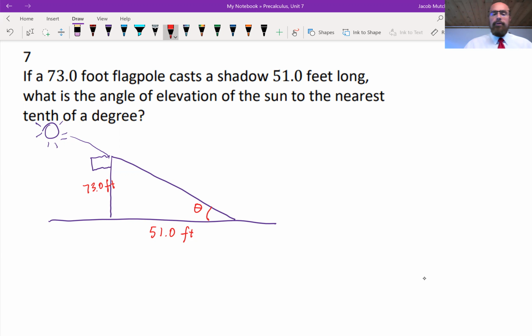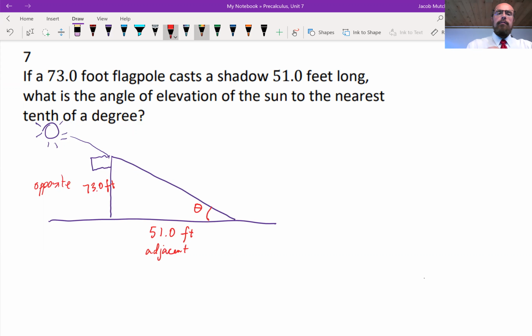So just like in my previous question, I want to use those pieces to set up a trigonometric ratio that involves the opposite. So that 73 feet is opposite of the angle theta, and the adjacent leg. Notice hypotenuse is really not part of this scenario.